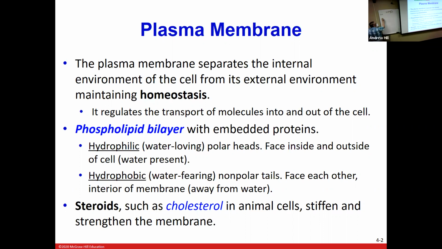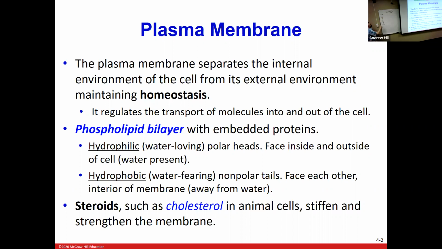All right, what does this lipid bilayer look like? Well, remember what a phospholipid looks like. Our cartoon version of a phospholipid has a polar region, which is referred to as the head, and a non-polar region, which is referred to as the tail. The non-polar region consists of two hydrocarbon tails.